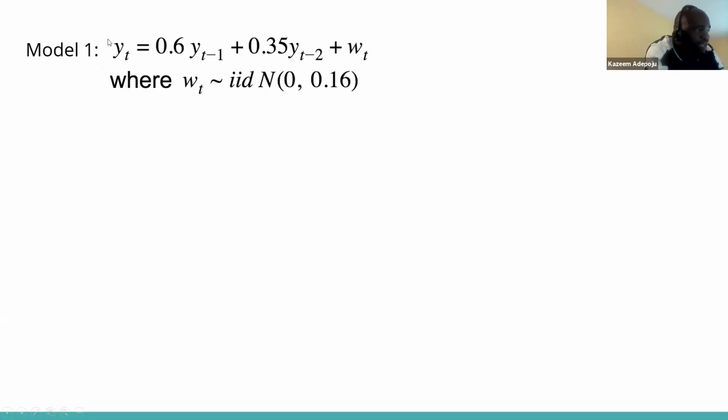Let me say this is the Google price, the price of a stock. If this happens to be the current price of a stock, then this is going to be the immediate past, and this is a past past.